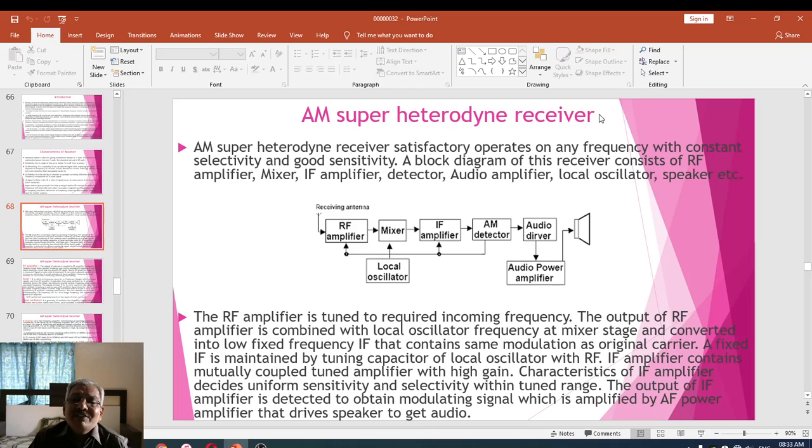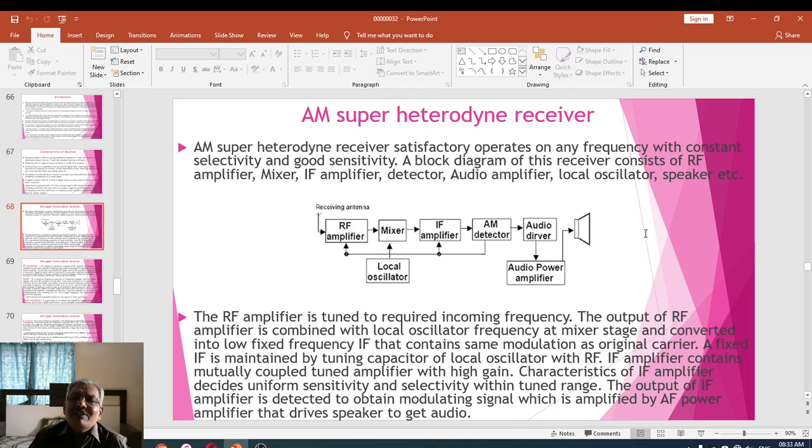This receiver has good sensitivity, better selectivity, fidelity is also good, and signal to noise ratio provides better rejection of the noise and receives the large amount of power.